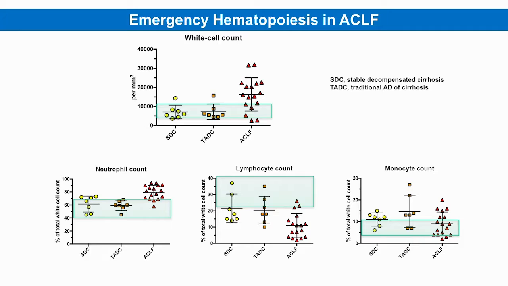The first result is very simple but very interesting. We confirm that in patients with ACLF you have leukocytosis, an increased number of leukocytes. This is a confirmation of the CANONIC results. But look at the left, you can see that these patients have neutrophilia associated with lymphopenia and no change in the monocyte count.